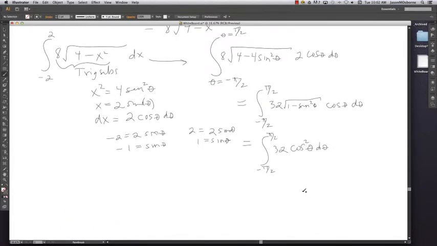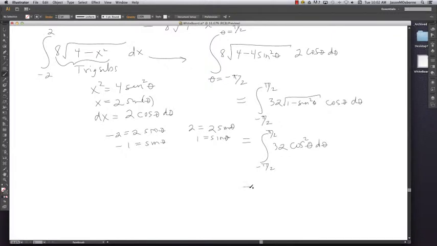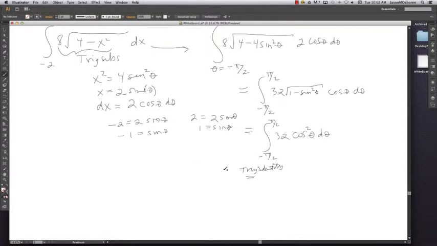And then I'm pretty sure that there is a trig identity for cosine squared, probably one of the double angle formulas. And how do I remember that? Cosine squared of theta.